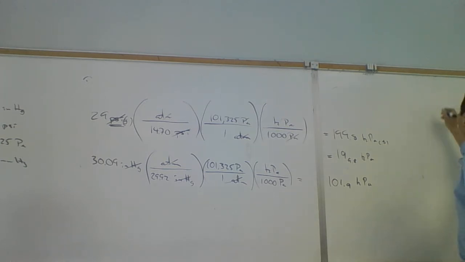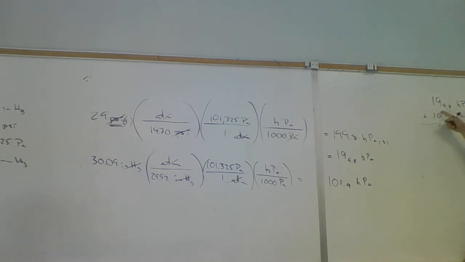And so, we want the total, so it's going to be 199.8 kilopascals of the gauge plus the barometric pressure, which is 101.79 kilopascals, barometric or atmospheric pressure.